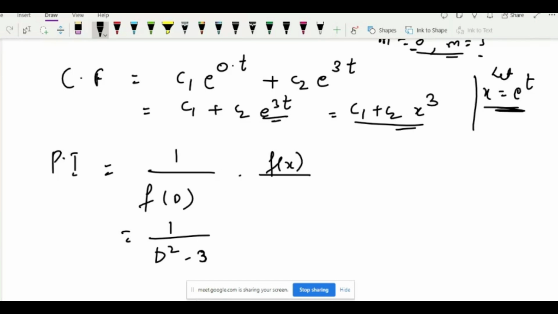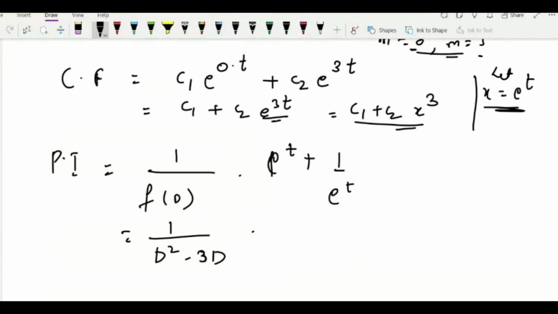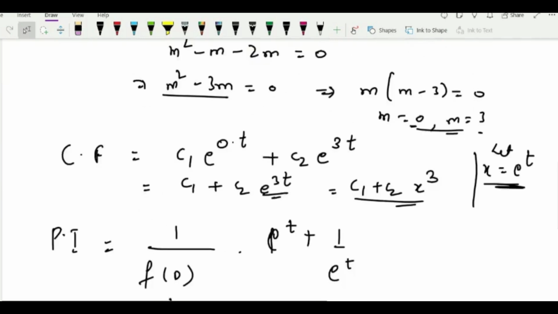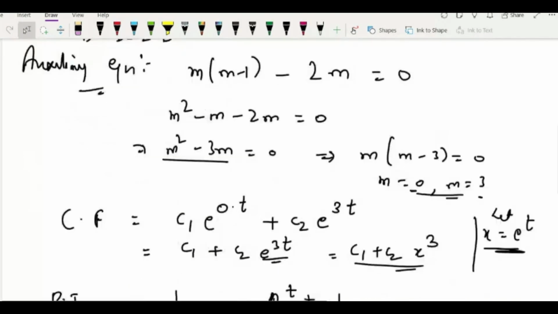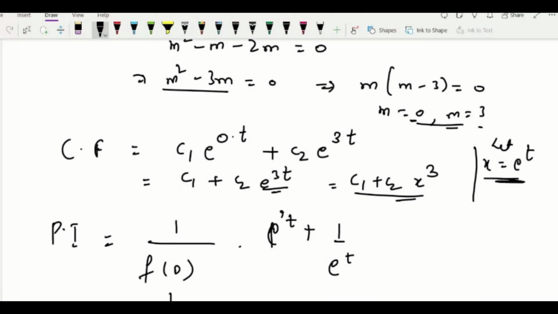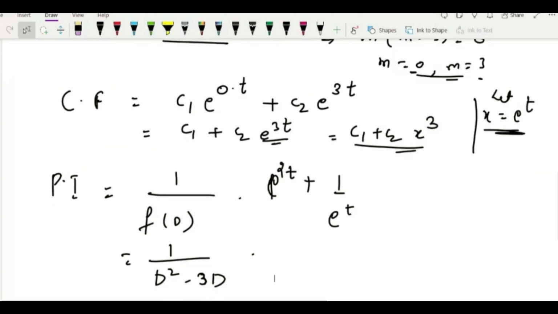So we have 1 upon f of D, that is 1 upon D square minus 3D into f of t, the non-homogeneous part, which is e raised to power 2t plus 1 upon e raised to power t.